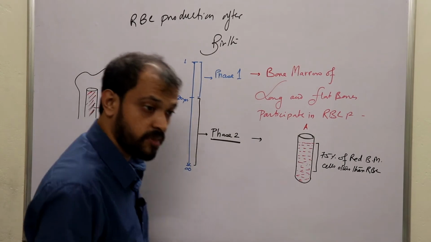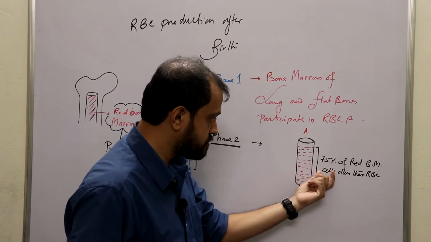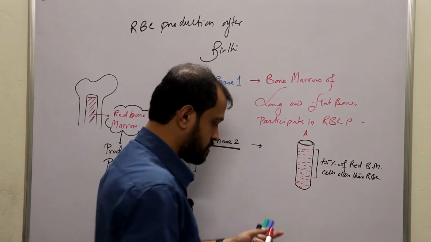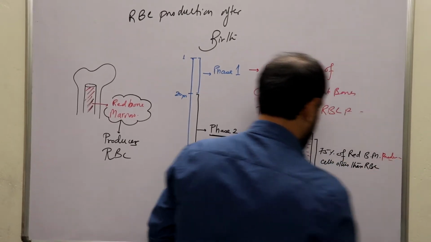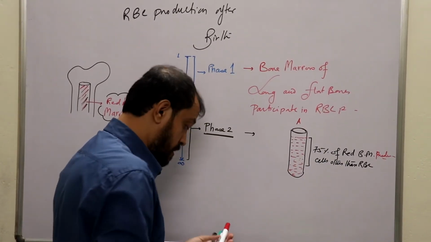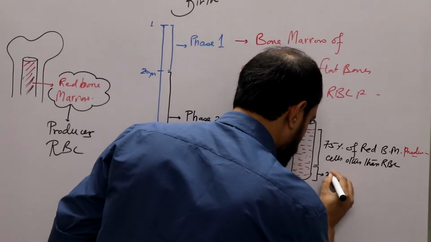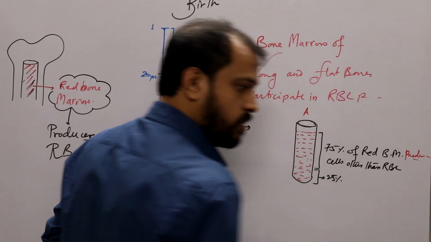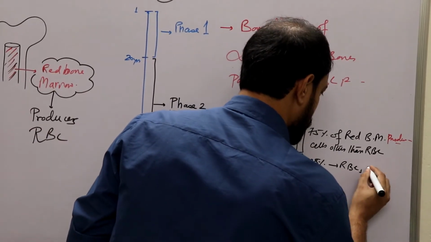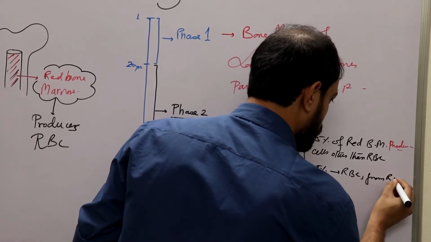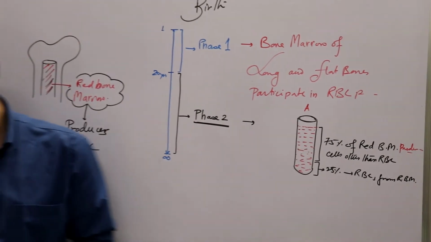Okay, now you should remember all these things. 75% of red bone marrow produces cells other than RBC, but 25% always produces RBCs from red bone marrow. Okay, that's a very basic thing you need to understand first.